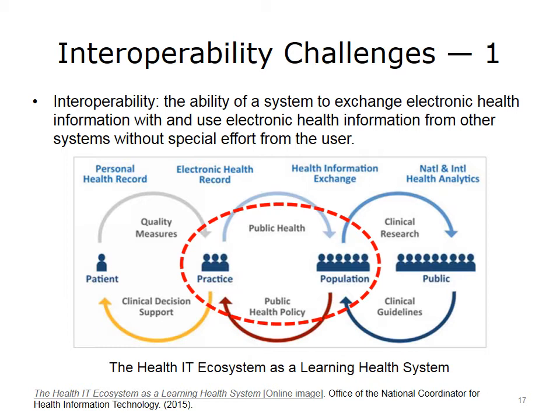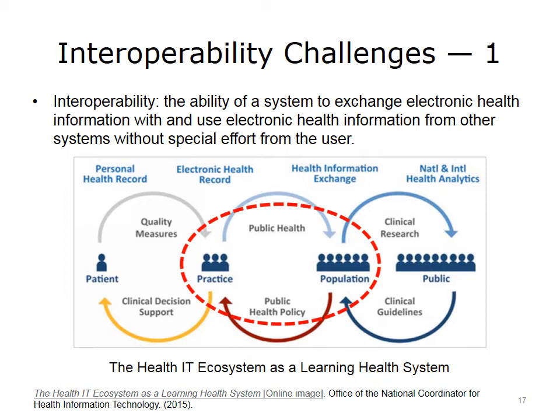However, the lack of interoperability is impeding the development of such data warehouses, and thus such models are yet to be developed. Interoperability is the ability of a system to exchange electronic health information with and use the electronic health information from other systems without special effort from the user.